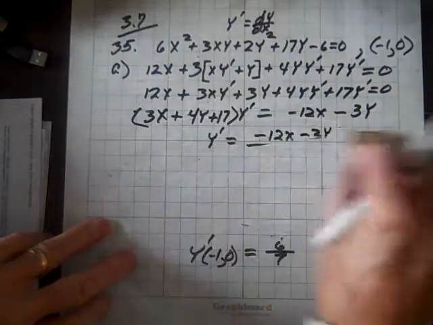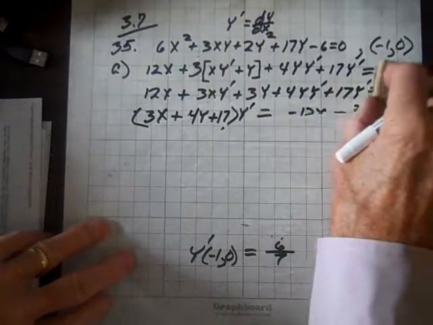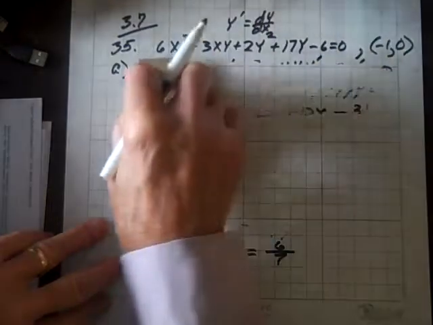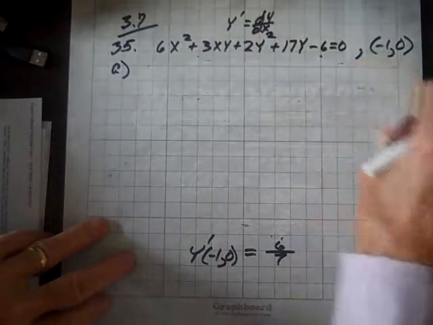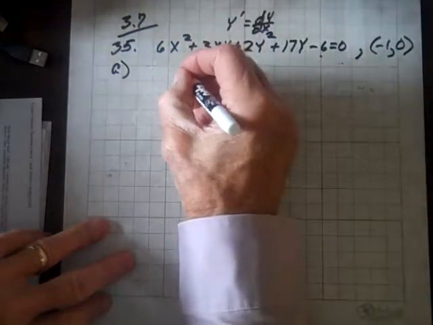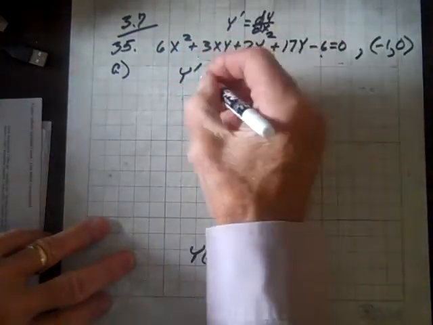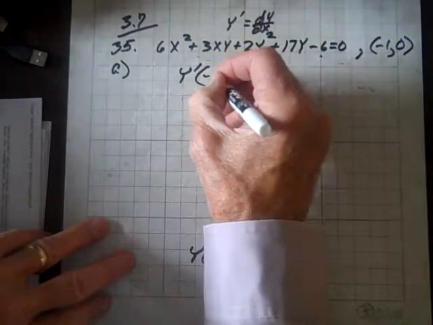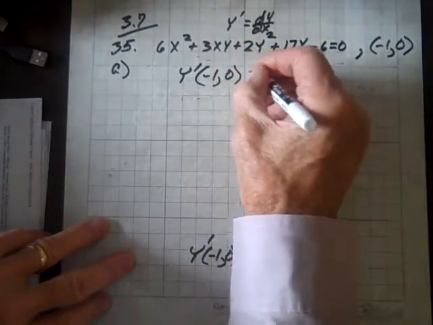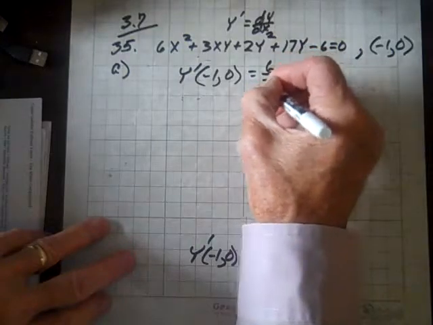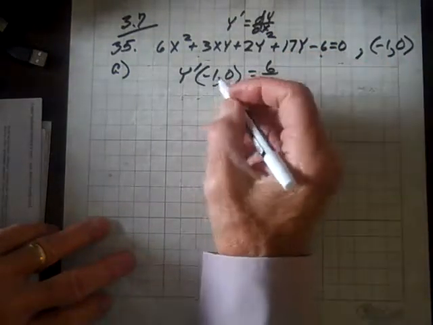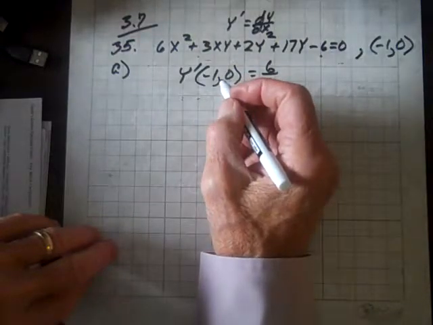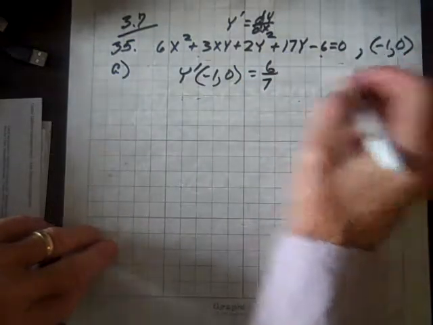So y prime at (-1, 0) equals 6 over 7. Now we use the point-slope form of the line to come up with the equation of the tangent line to this curve at that point.